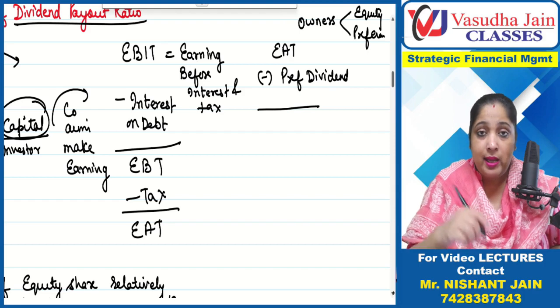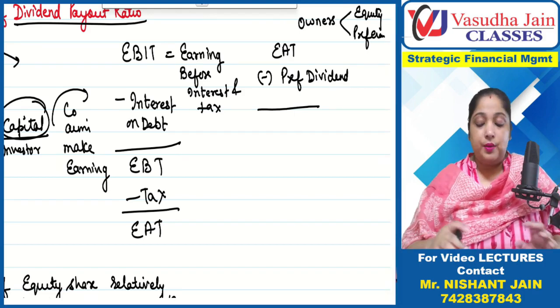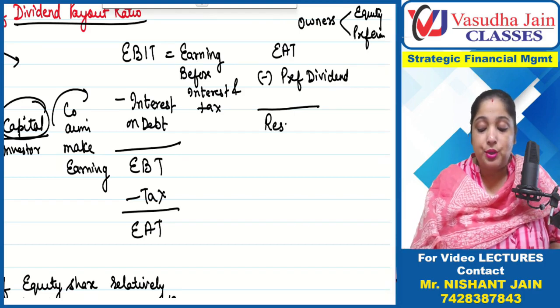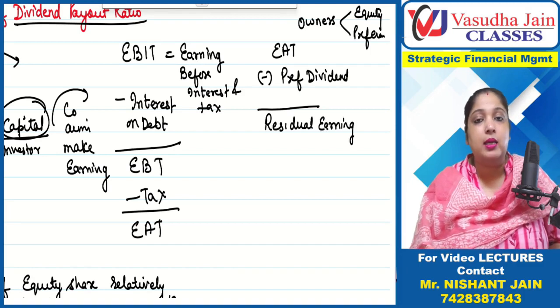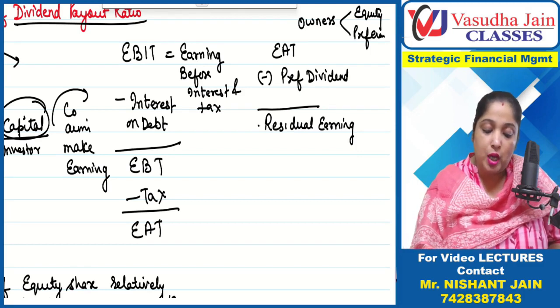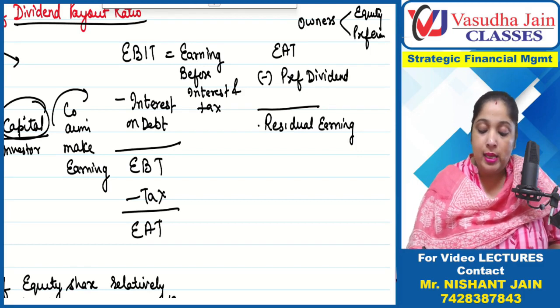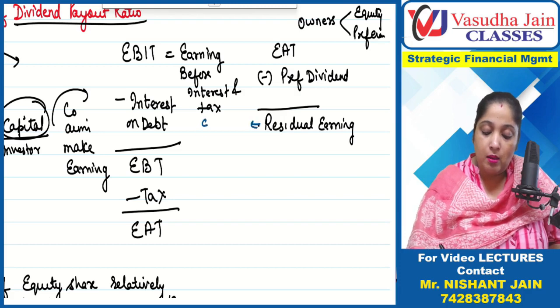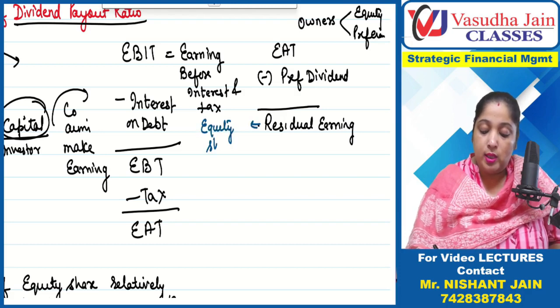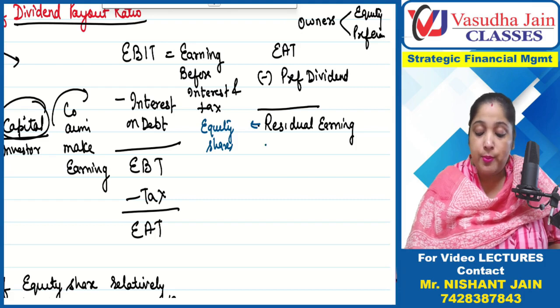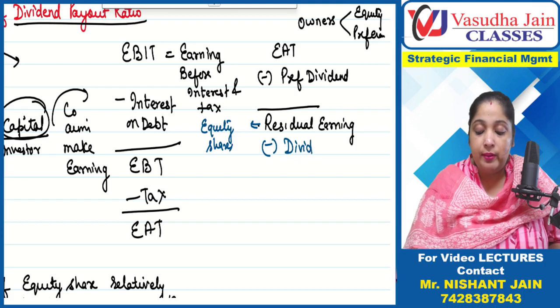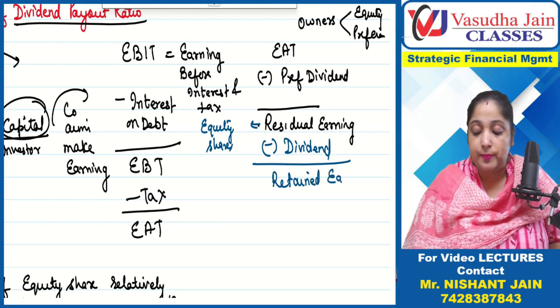Now whatever income is left, this remaining portion is called residual earning. Now this residual earning is available for equity shareholders. Out of this residual earning, some portion is given to them as equity dividend, and the remaining income is retained by the company for running the business, retained earnings.